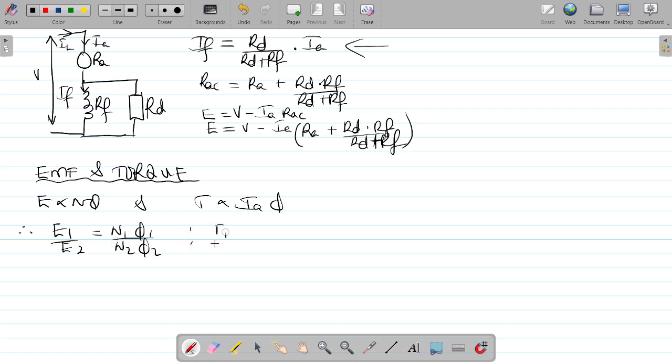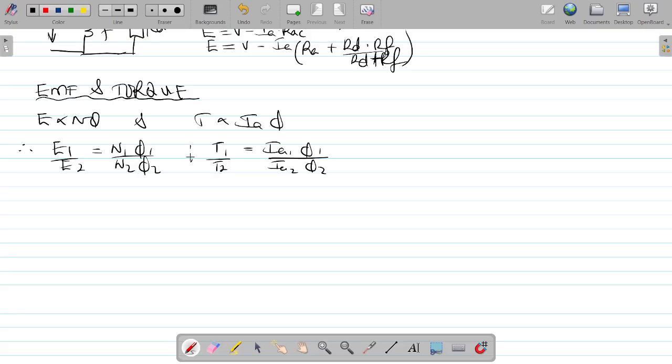For torque, we have T1 over T2 equals IA1 flux 1 over IA2 flux 2. So these are the two main equations which we need to make sure we know for EMF and torque.